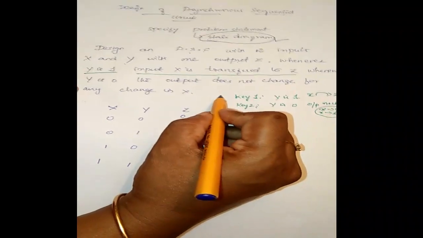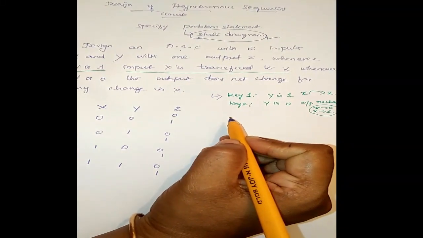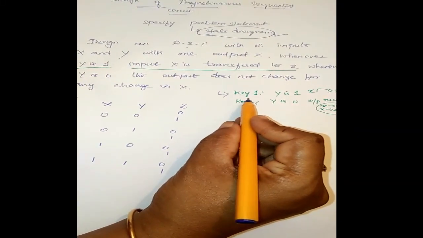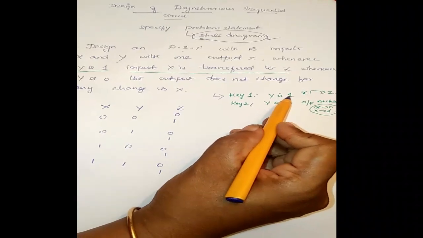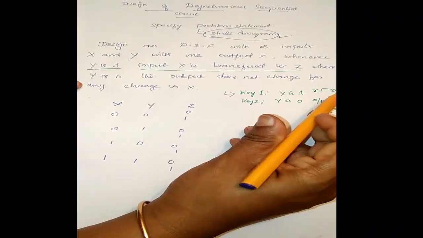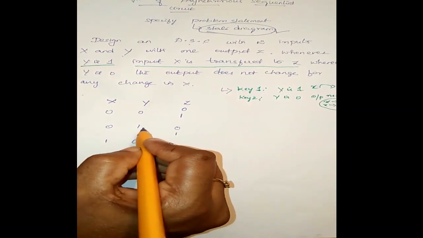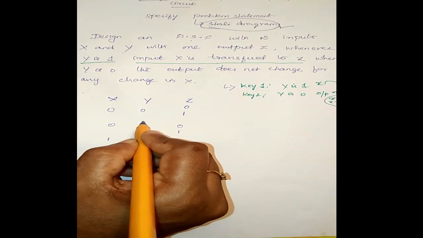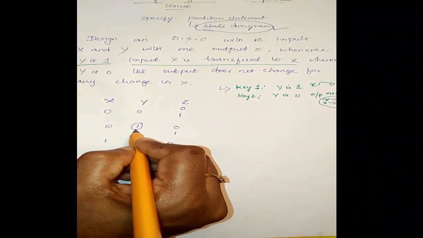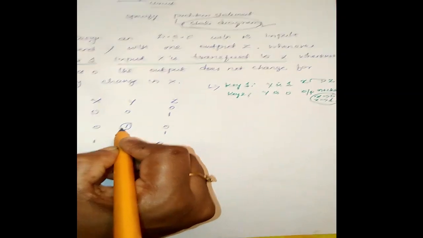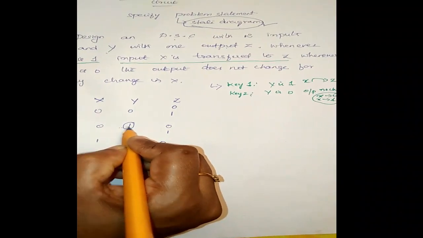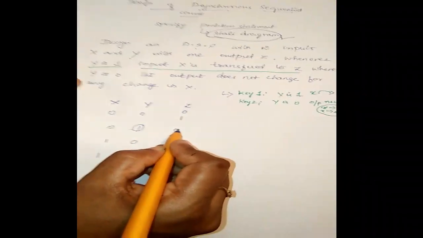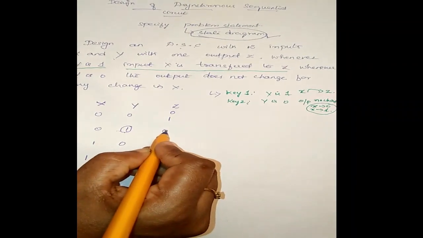Now let us interpret our first key statement. It says whenever y is 1, x is transferred to z. See the condition over here: y is 1, so x is transferred to the output z.